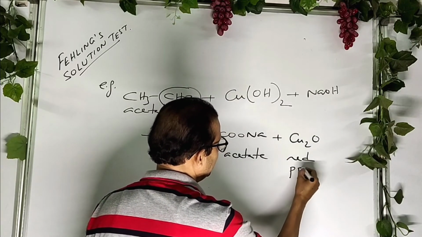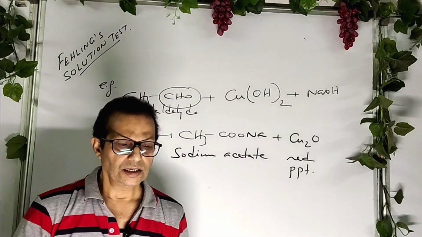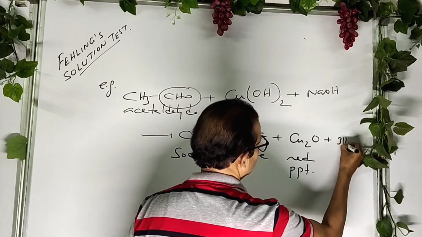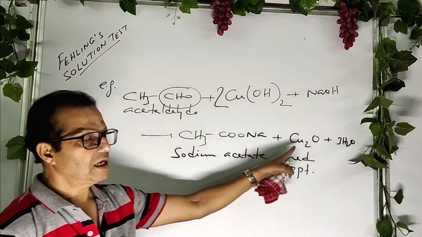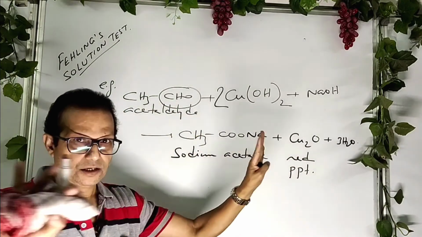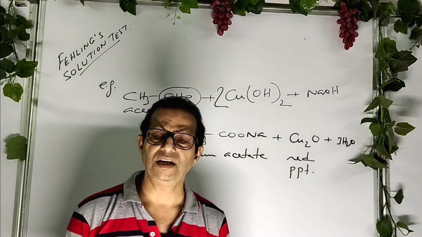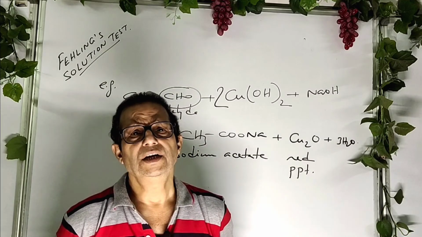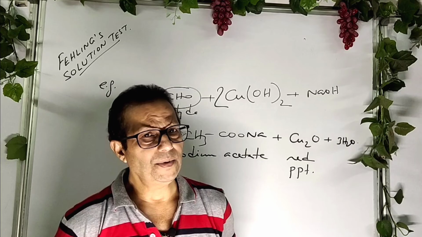Red precipitate of cuprous oxide is formed along with some molecules of water. This is the complete reaction. Benzaldehyde does not undergo this test. Only aliphatic aldehydes, okay? Any aliphatic, it may be formaldehyde, it may be acetaldehyde, it may be propanaldehyde. Remember it.